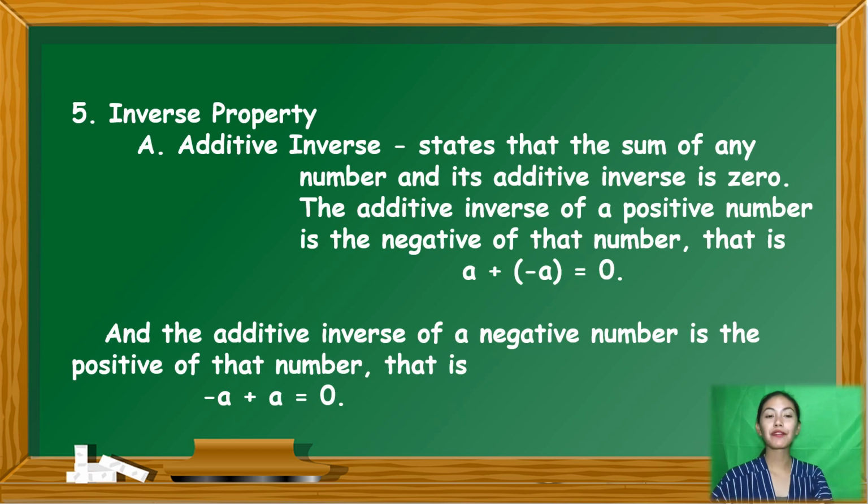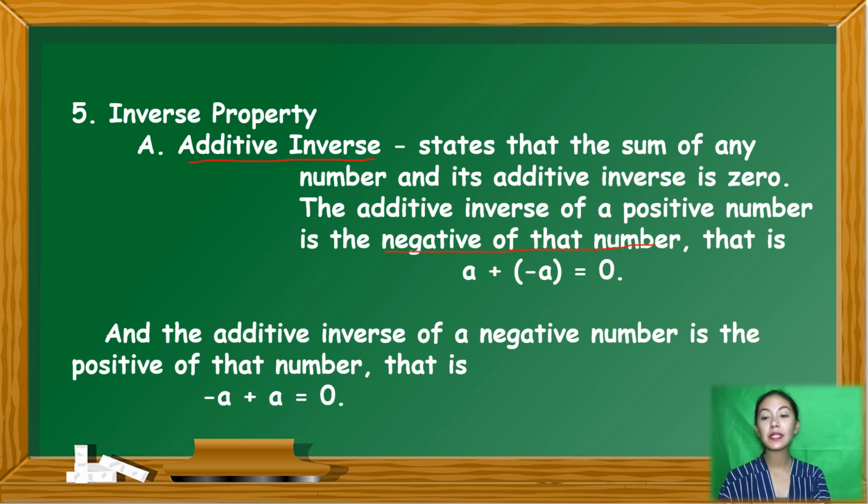Okay, number 5, the inverse property. Again, there are two kinds of inverse property. First, the additive inverse. It states that the sum of any number and its additive inverse is 0. The additive inverse of a positive number is the negative of that number.